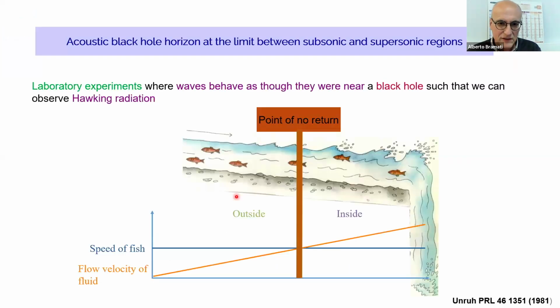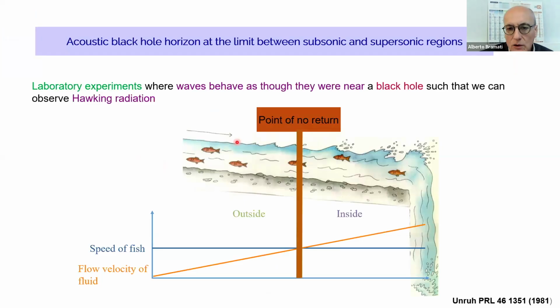The idea here is to try to simulate an acoustic black hole using a polariton fluid. The idea, of course, is to build up a laboratory experiment in which the acoustic waves behave as if they were near a black hole, and then in the end it could be possible to observe Hawking radiation.